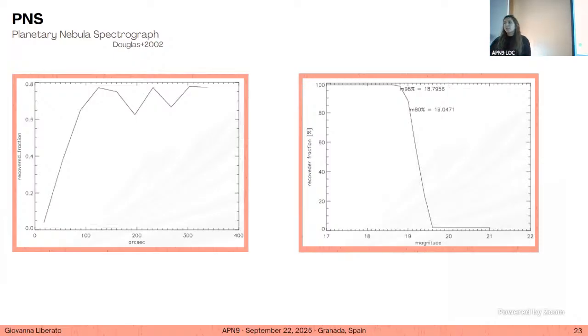And these sources are brighter than a limit magnitude that recovers 80% of the planetary nebulae. So we can assume that any loss in detection is due to contamination from the galaxy and stellar contamination. And we are seeing here the recovered fraction of planetary nebulae for different distances from the center of the galaxy. So this gives us a factor that we need to apply to correct for completeness of our sample, and this is what we are doing now.